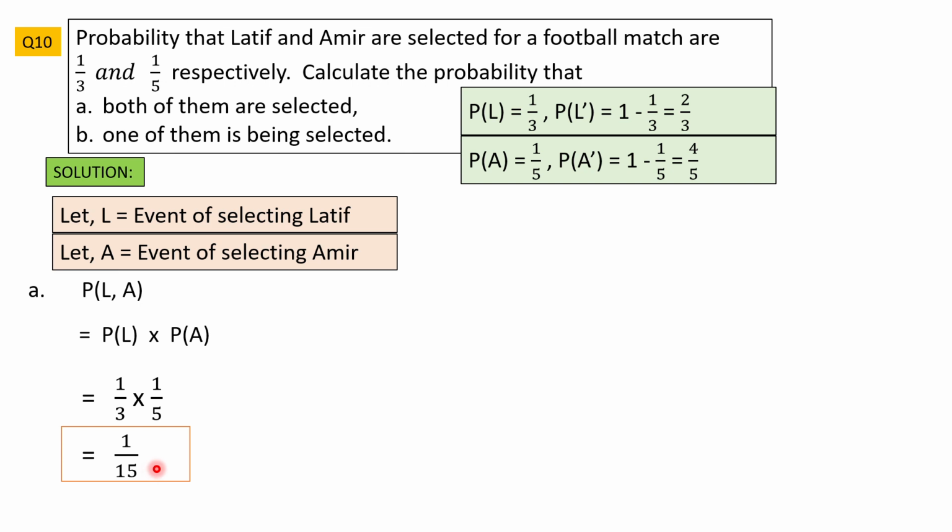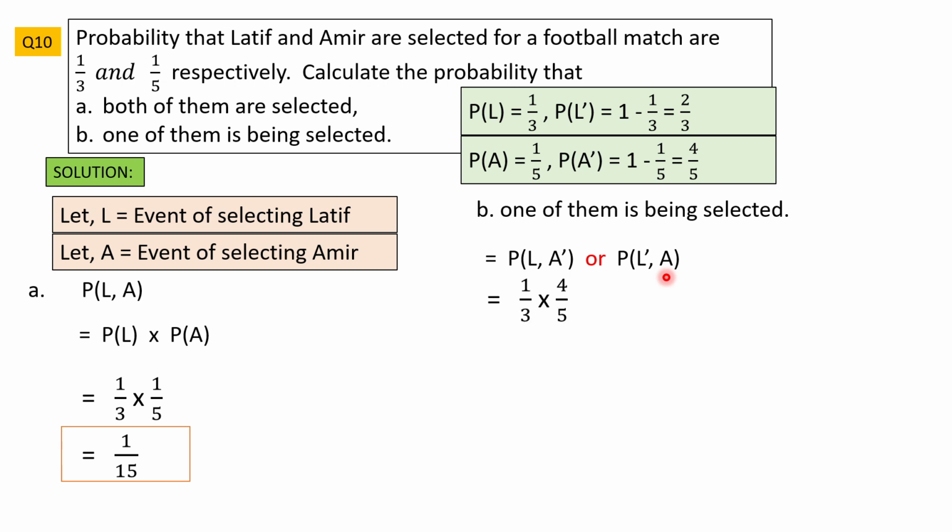That means only one is selected. It can be Amir selected, Latif not selected, or Latif selected, Amir not selected. So we have two possible outcomes here. It can be the probability of L and A prime, or the probability of L prime and A.